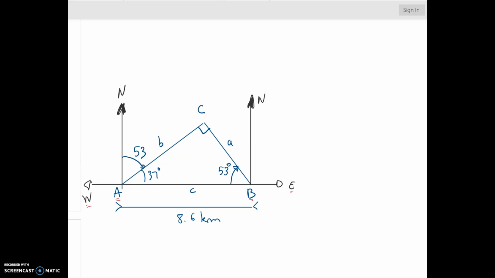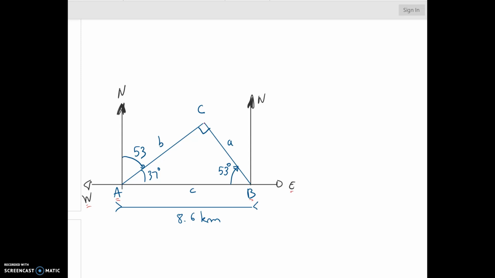Station A detects an airplane at a point C on a bearing of 53 degrees. So we have station A detecting on a bearing of 53. Now I know what the bearing is. It's an angle measured clockwise from due north. So I know that my C is going to be here.